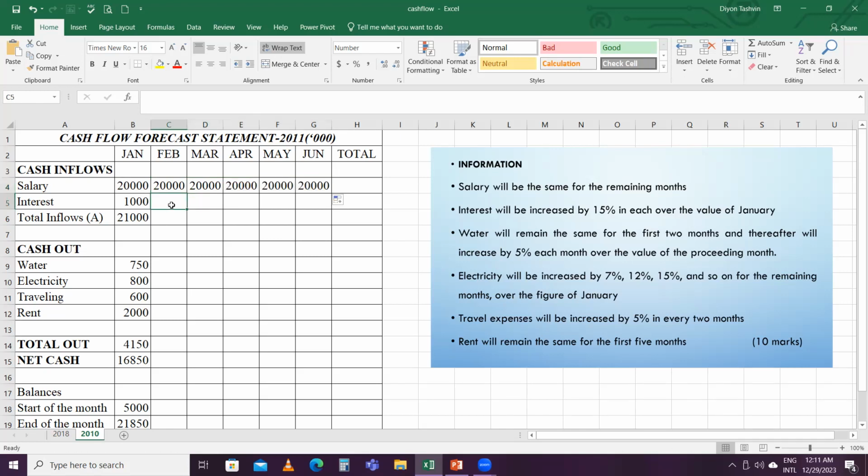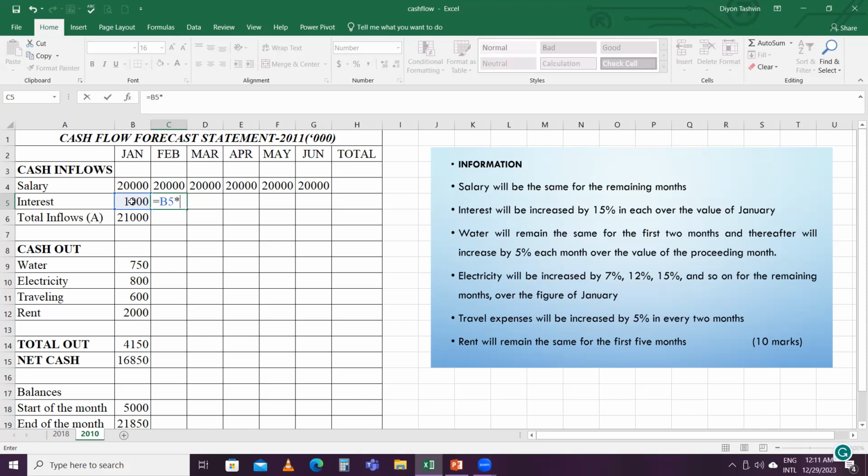Then the second one is about interest. Interest will increase by 15% each month over the value of January, which means in each month it will be increased by 15%. So this is the interest portion. Now we have to multiply it by 15%.